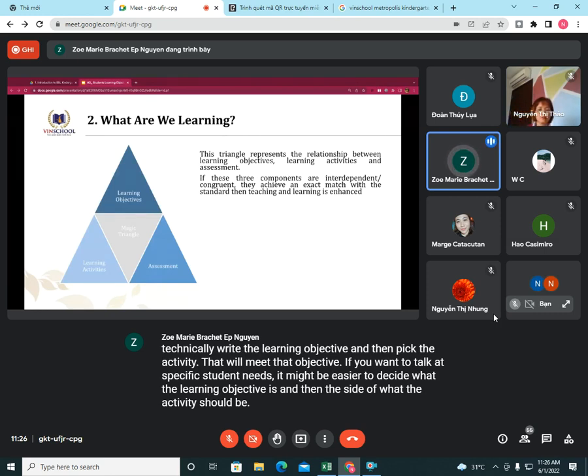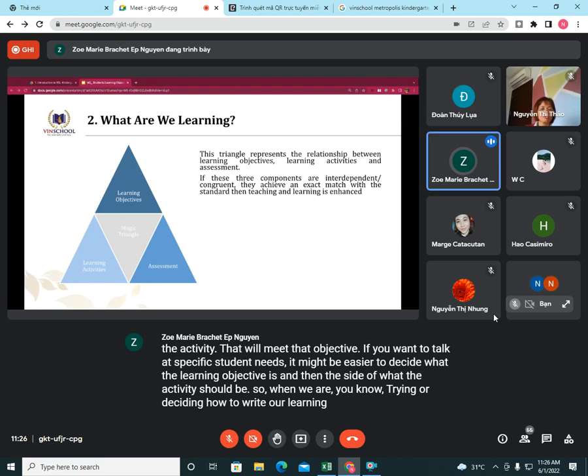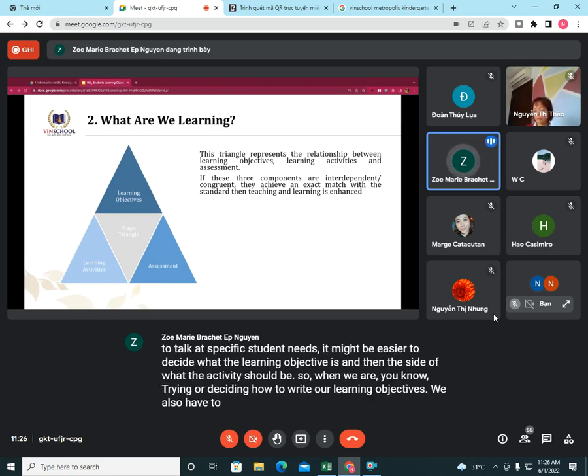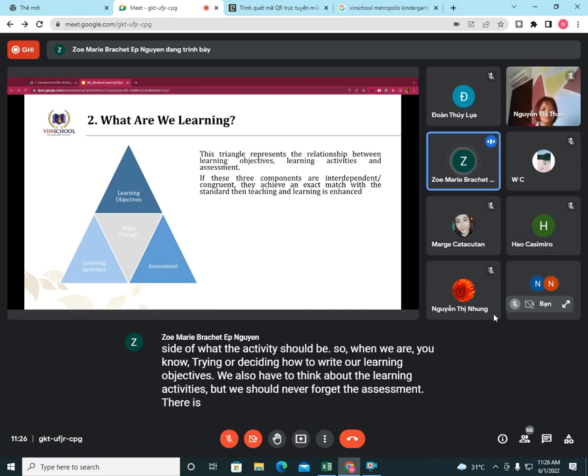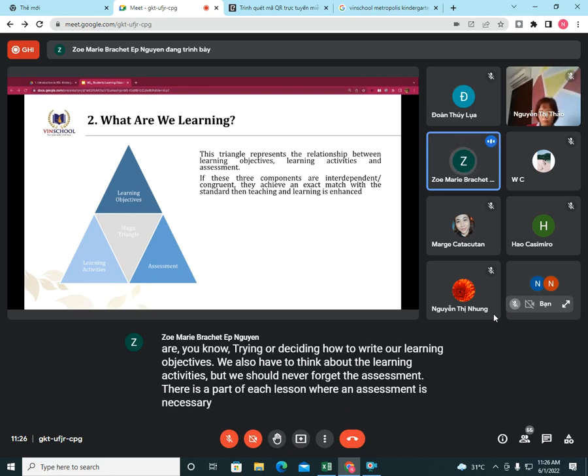So when we are deciding how to write our learning objectives, we also have to think about the learning activities, but we should never forget the assessment. There is a part of each lesson where an assessment is necessary to be able to measure the progress of the learners.